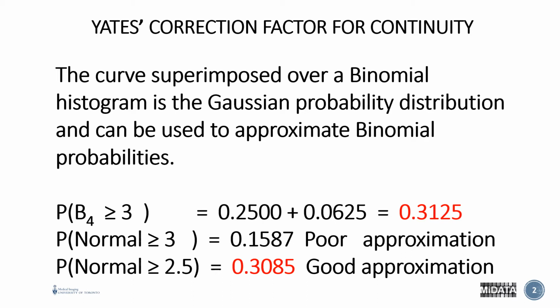Okay, now we saw in the last slide that when we superimposed the Gaussian or normal curve onto our binomial distribution, where we have fattened our bars to represent area, that it wasn't a perfect fit.